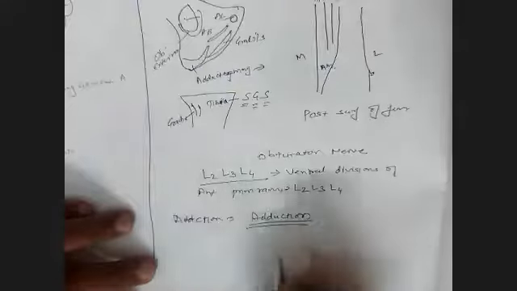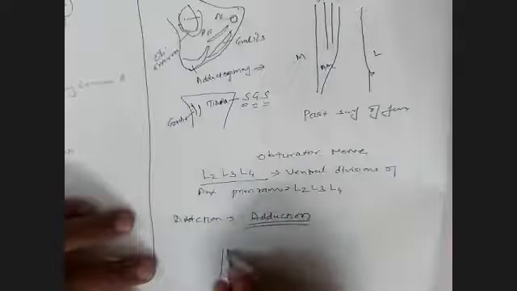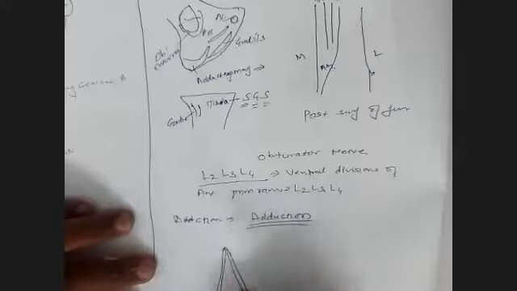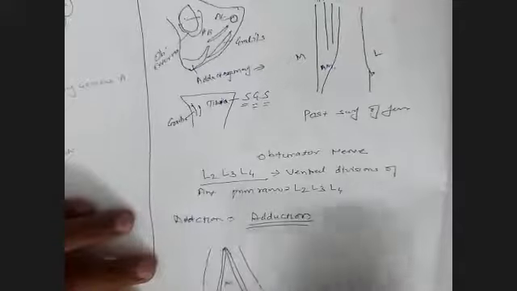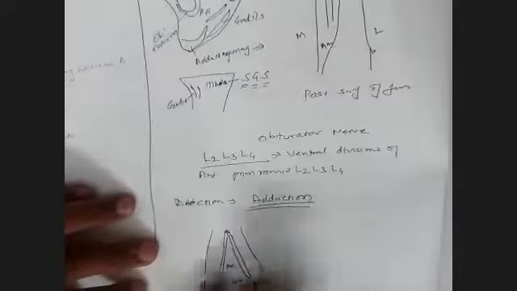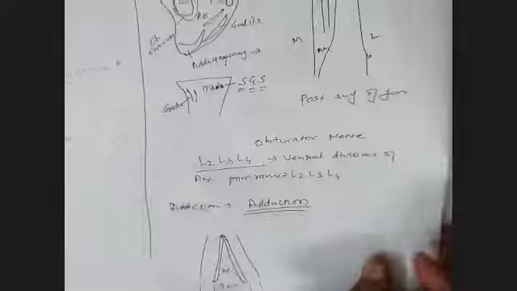Gracilis is a strong adductor. If these are our two limbs, one gracilis is here, other gracilis is here. So it is the muscle which causes adduction of both of our limbs. Both of our limbs are adducted by the gracilis.